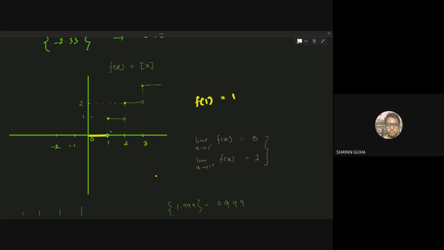Tell me if it's clear or not. Am I audible? If you have any doubt, please tell me, because this is something important that will be needed for this problem. I am hoping that you are getting what I am trying to say.